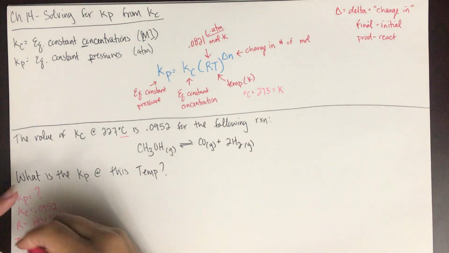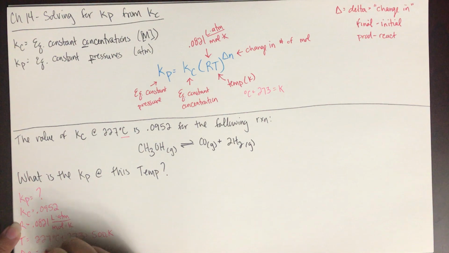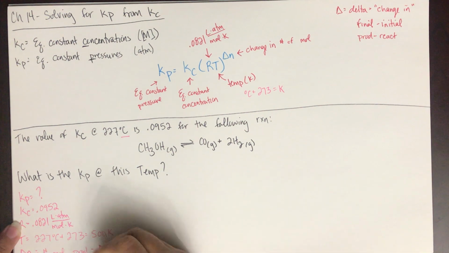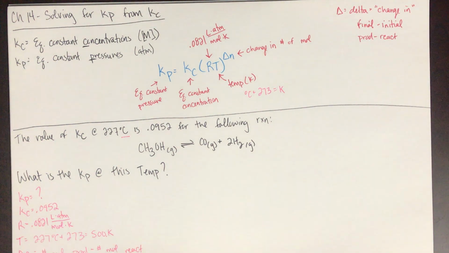And then the last thing I need is the change in the number of moles. So essentially what this is, it's the number of moles of products minus the number of moles of reactants.